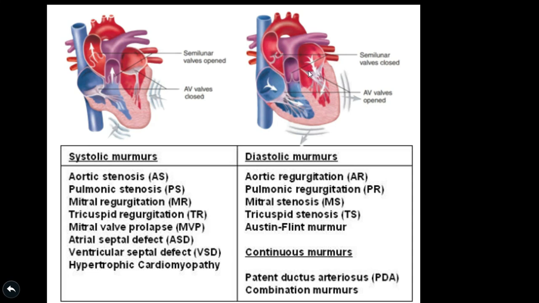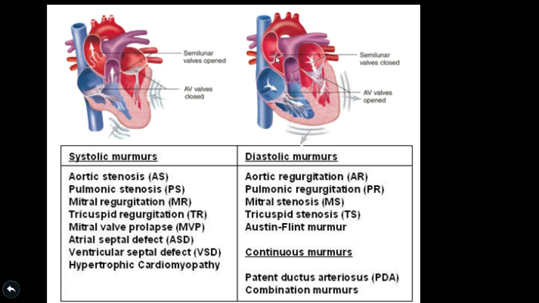The valve open during the filling phase is the mitral valve, so the left atrial blood will go to the left ventricle, and the blood from the right atrium will go to the right ventricle during the time that the ventricle is relaxed. Okay, so the aortic and pulmonic valves are closed.